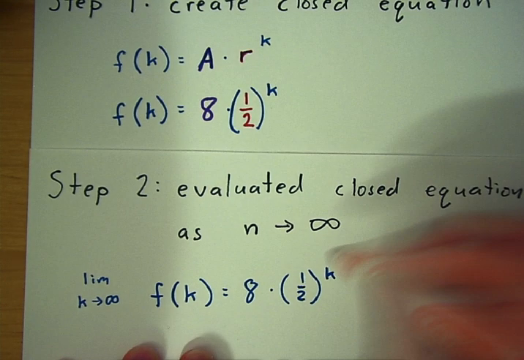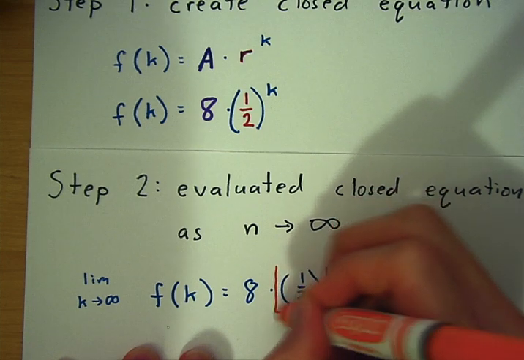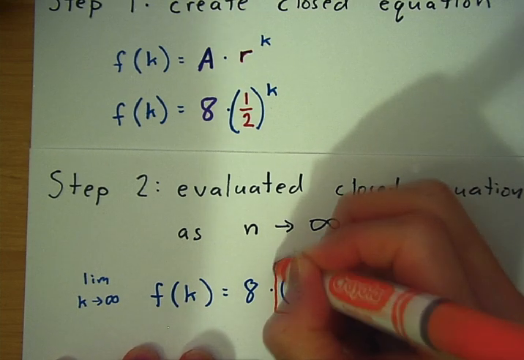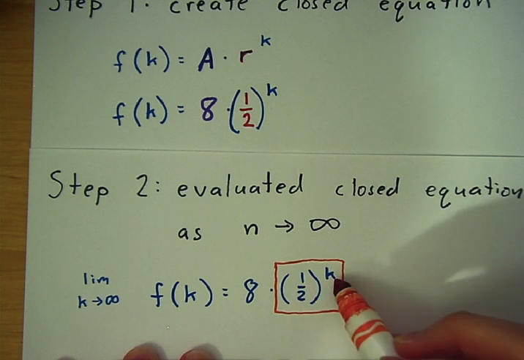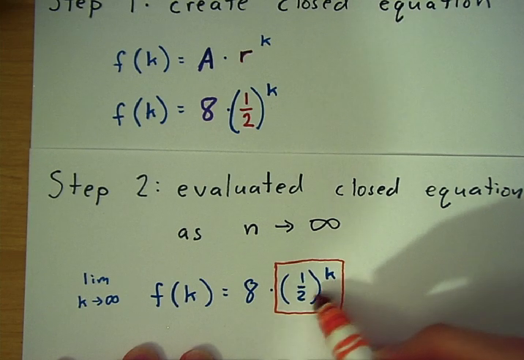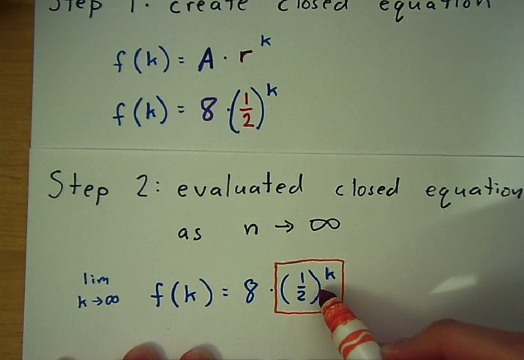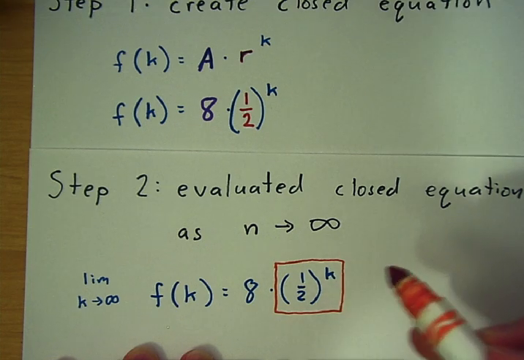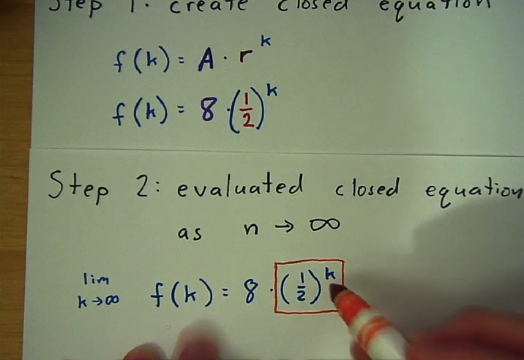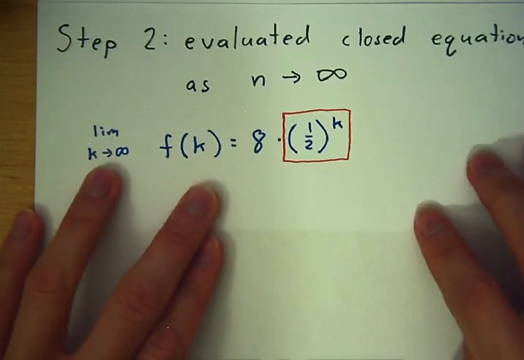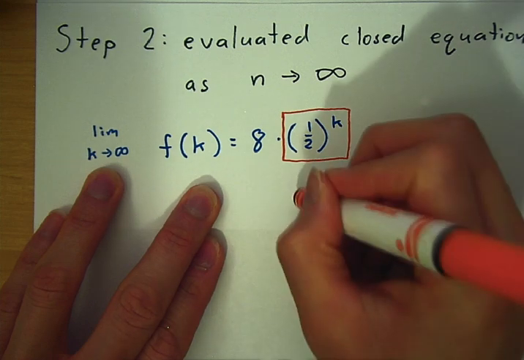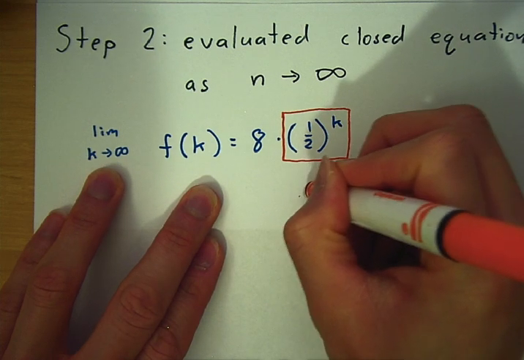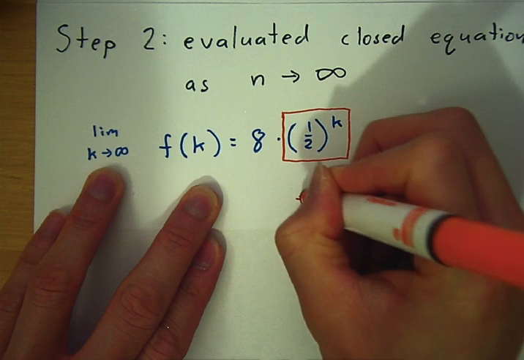As k goes towards infinity, this portion right here, let's say k was at 10, it'd be 1/2 times 1/2 times 1/2 times 1/2 times 1/2. As k keeps getting bigger, and as we keep on multiplying something by 1/2, this portion right here goes towards 0.